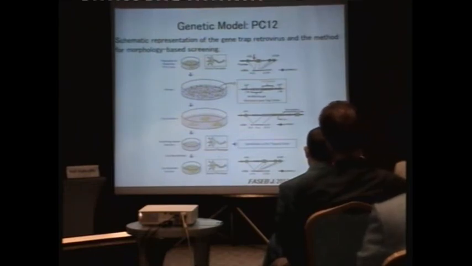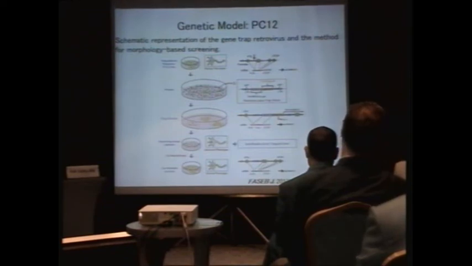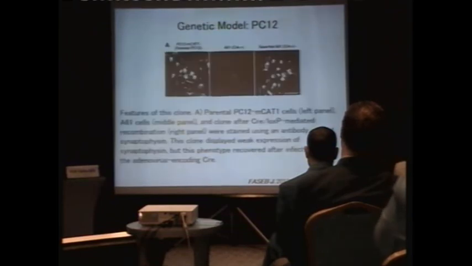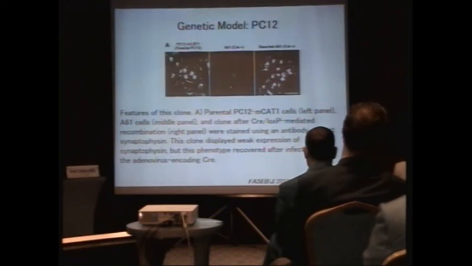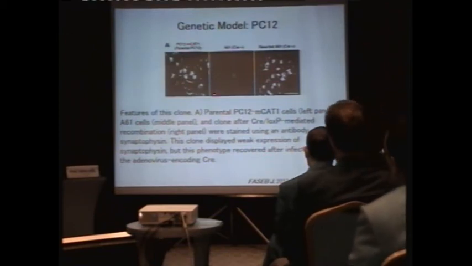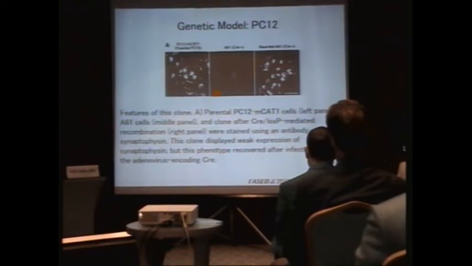So we get several kinds of abnormal morphology colonies, and we can identify the trapped gene locus. After this experiment, I got this clone. This is the parental line, and the middle panel is the trapped clone. The synaptophysin staining is quite different.